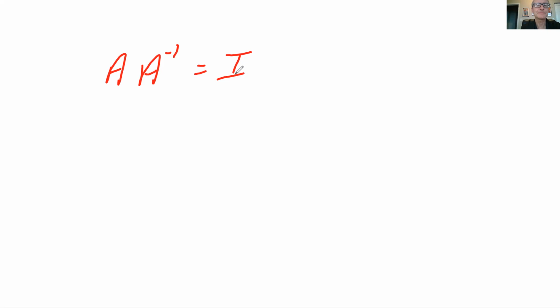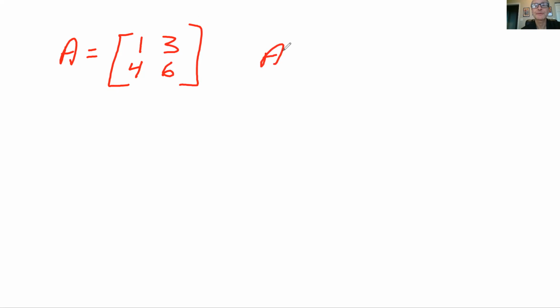Here you'll see that it'll always equal the identity matrix. And so the question is, how do you find these inverses? There are a couple ways. We're going to start with the most tedious way and work our way to Cramer's rule and determinants. We'll also explain that way as well.